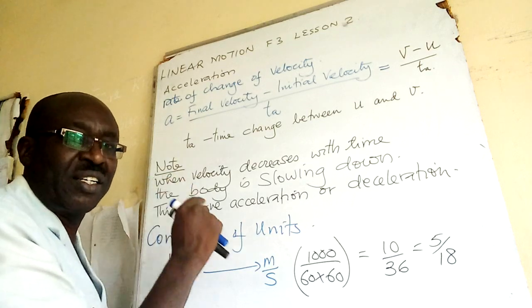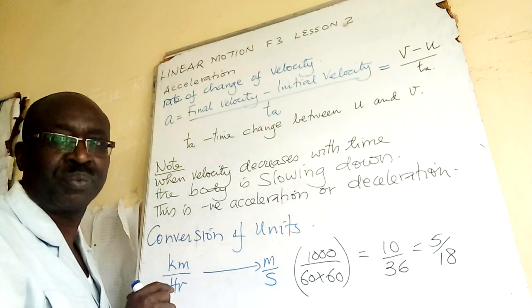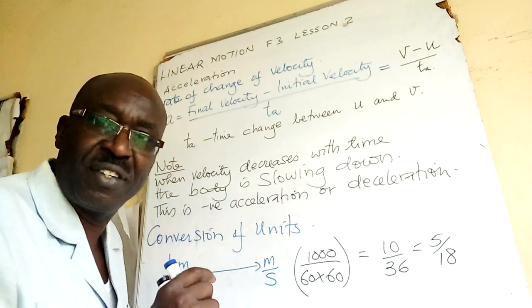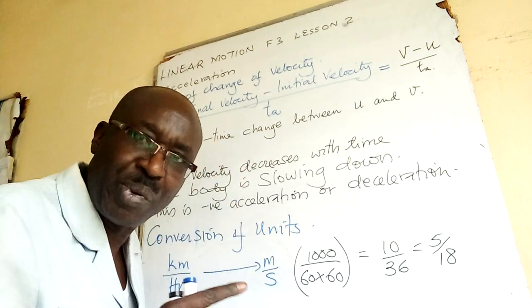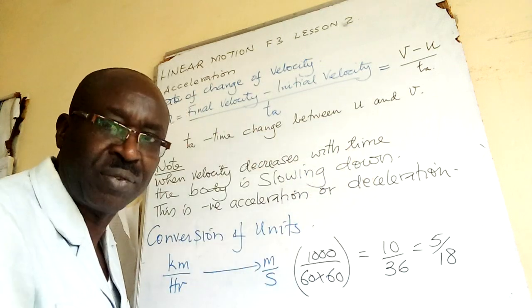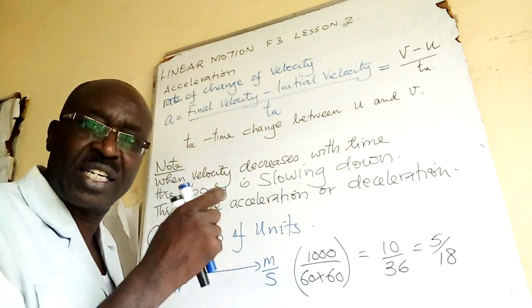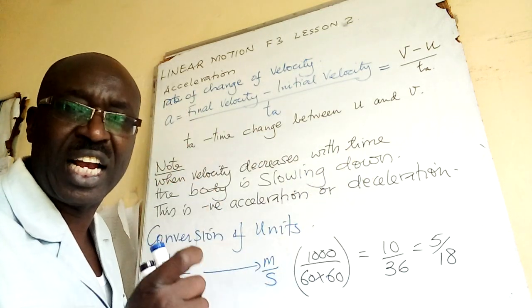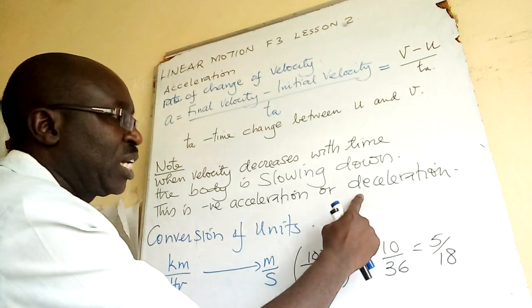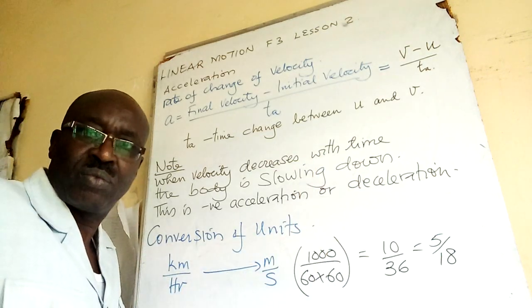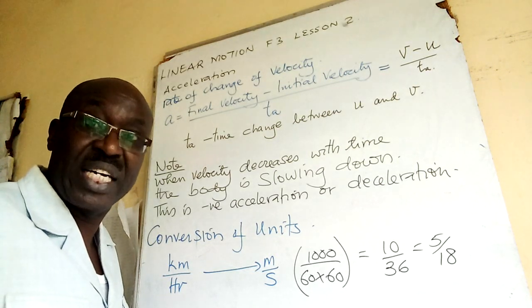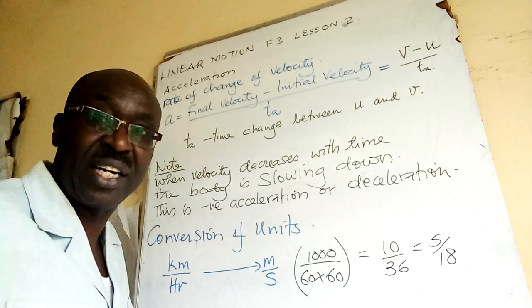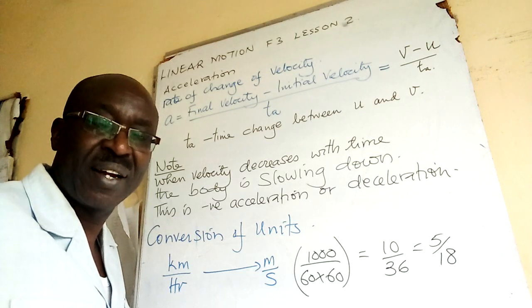So that negative acceleration is an acceleration that happened to be negative and not positive. In another language, it is known as deceleration. So when I talk of deceleration, I've already taken care of that negative sign.